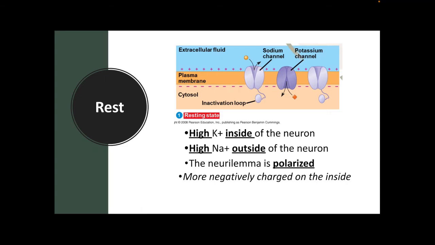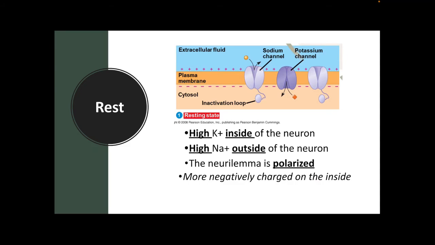Because of this location of potassium and sodium, the cell is going to be more negative on the inside than on the outside. You can look in the diagram and see how the inside of the cell, the cytosol, is a lot more negative than the outside of the cell, where you have the extracellular fluid, which is more positive.